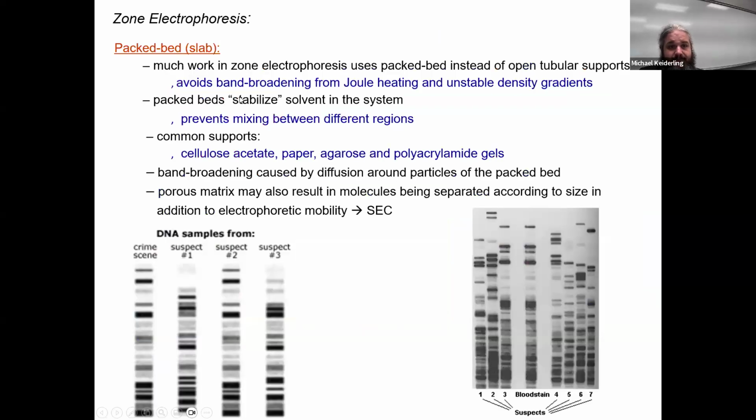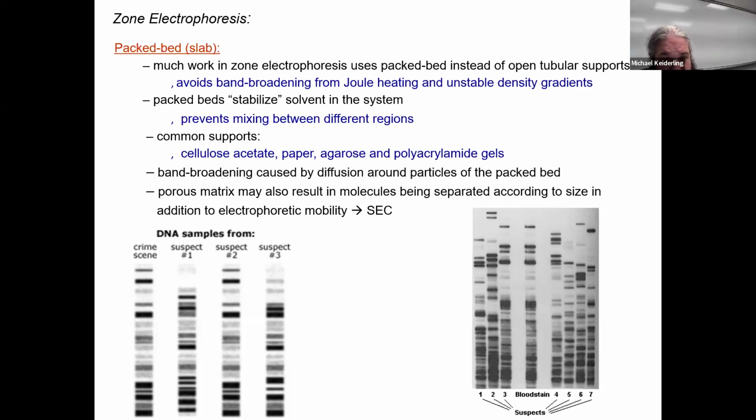Packed bed or slab. So much of the work in zone electrophoresis uses packed bed instead of open tubular supports. This avoids broad banding from Joule heating and unstable density gradients. Packed beds stabilize the solvent in the system. It prevents mixing between different regions. So some common supports are cellulose acetate, paper, agarose, and polyacrylamide gels.